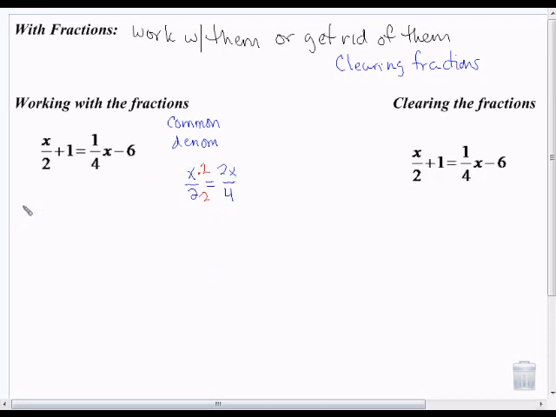So I have 2x over 4 plus 1 is equal to 1/4 x minus 6. Then I can subtract the 1/4 x from both sides. Well, 1/4 x is the same thing as x over 4, so I'm going to change that too to make it easier.